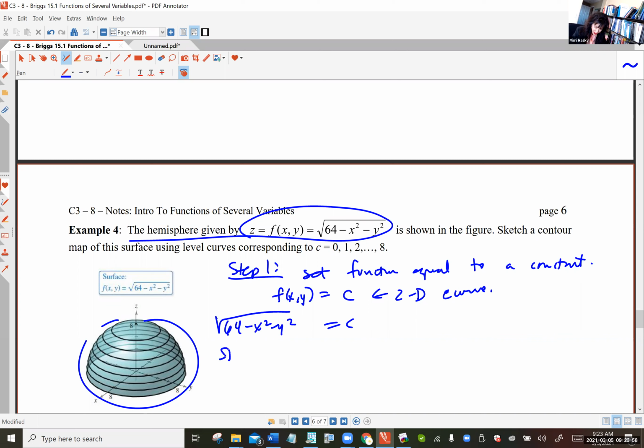And then step 2 is rework this equation just using some algebra to see what the equation reminds you of. Because right now it doesn't look like anything.